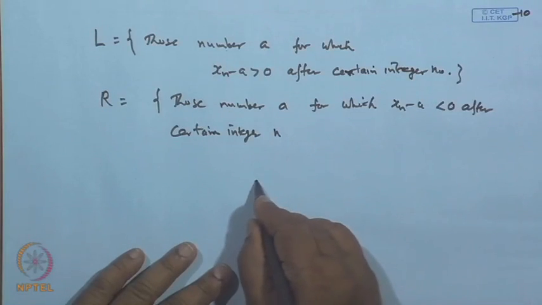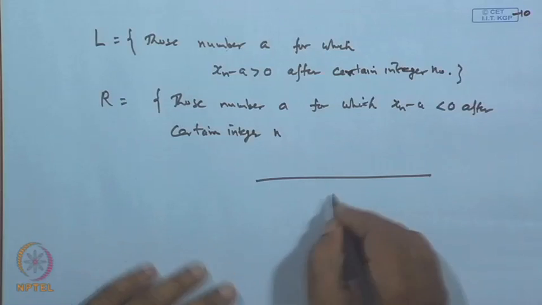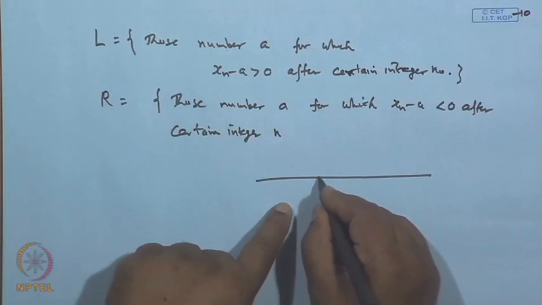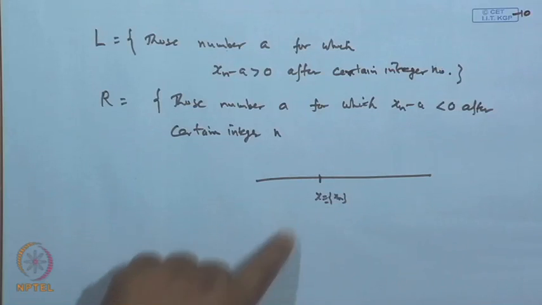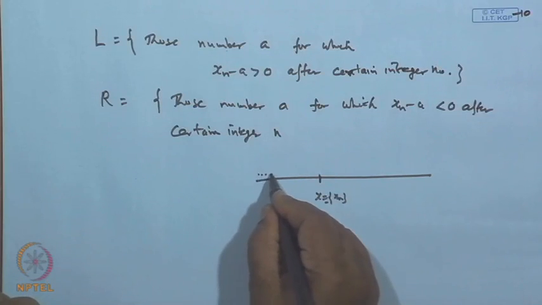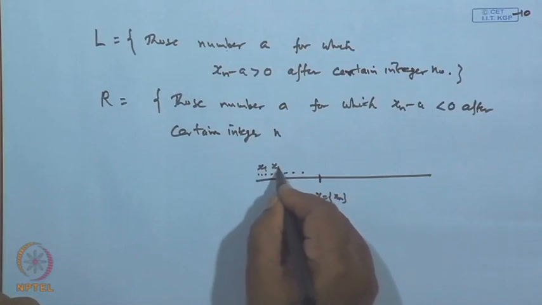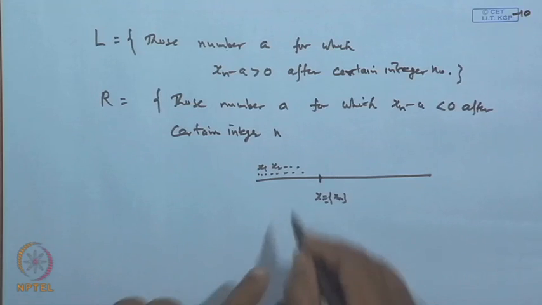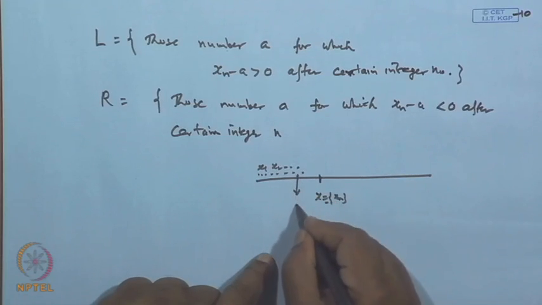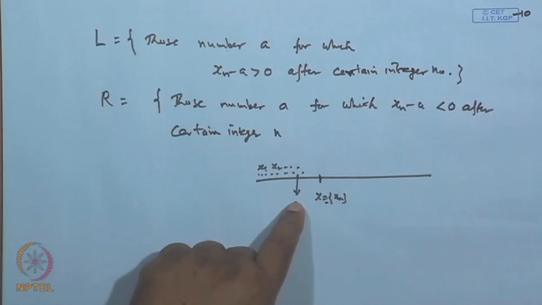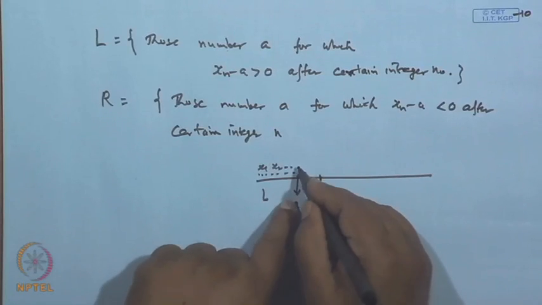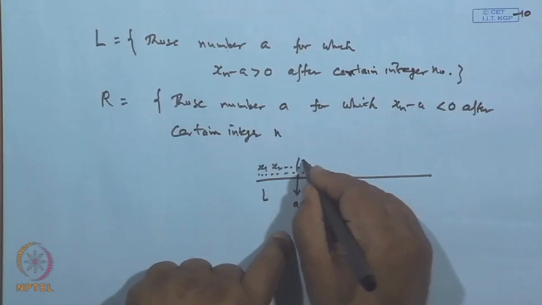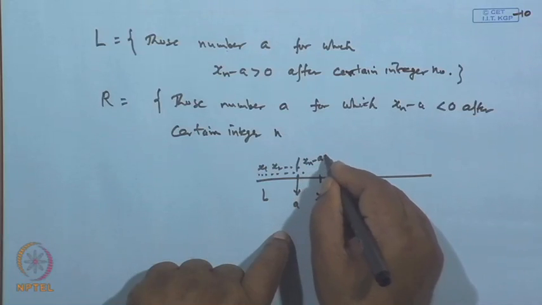So, this is what we have given: the sequence x is convergent. I am taking x 1, x 2, x n like this. I am putting those rational numbers a in the lower class such that after a certain stage the difference x n minus a is positive.